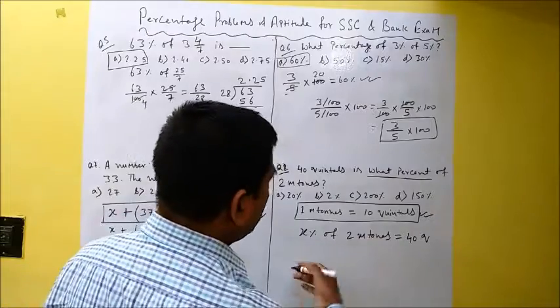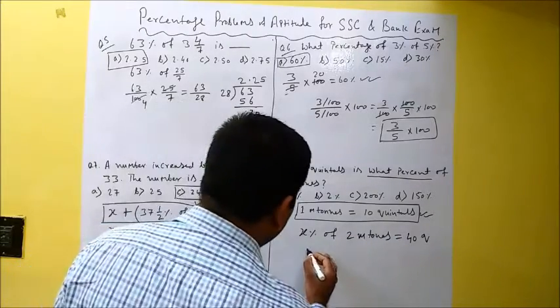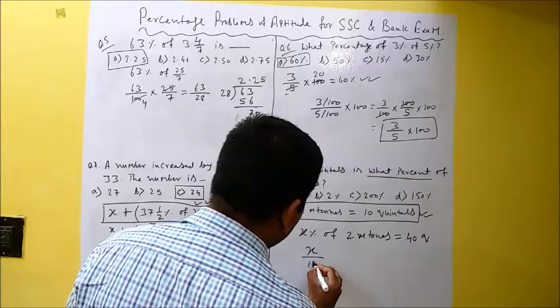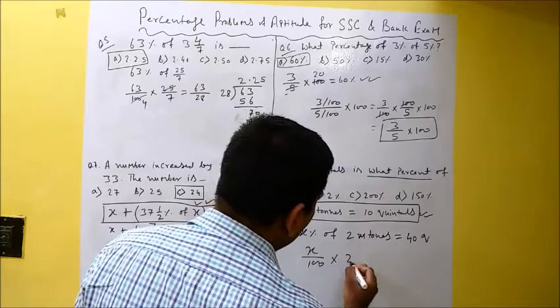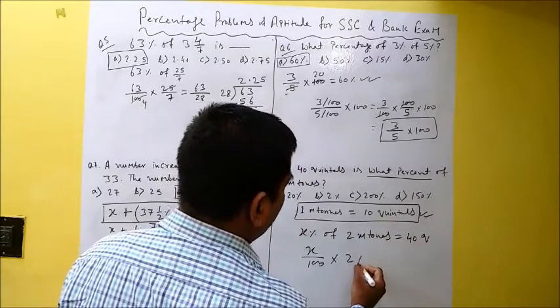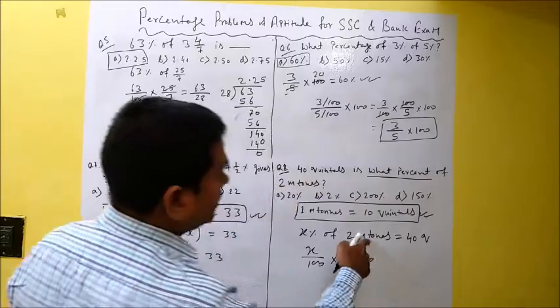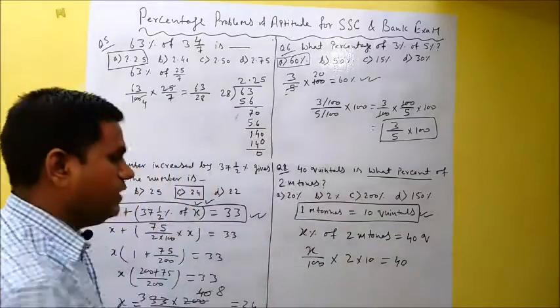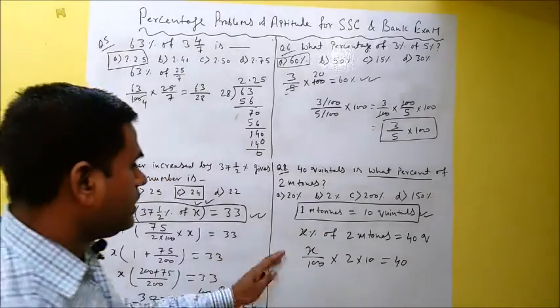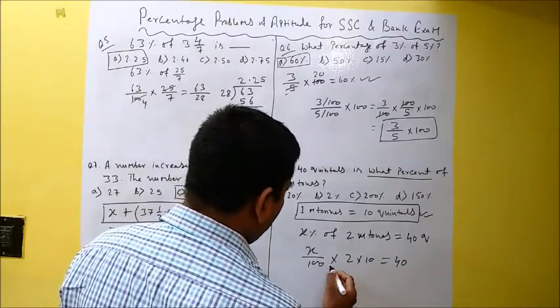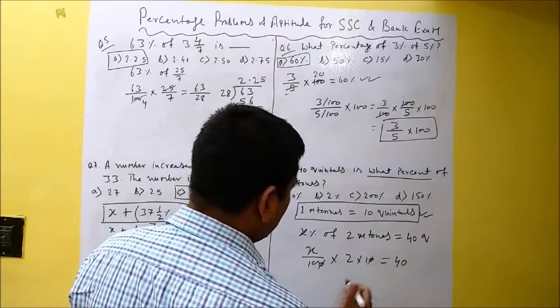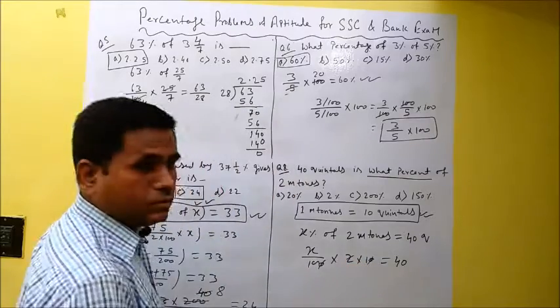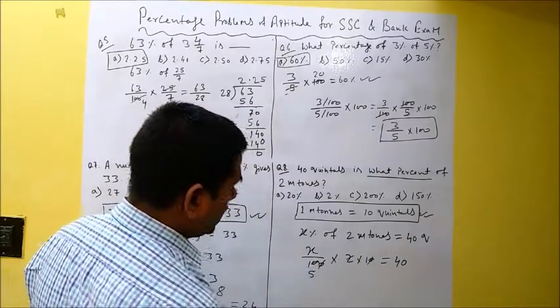So now let's convert and write the proper equation. x by 100 into 2, and we multiply with 10 to convert metric tons into quintals, is equal to 40. Now we can solve this and we'll get the answer. You can see this will be cancelled, and this 2 we can cancel with 5.